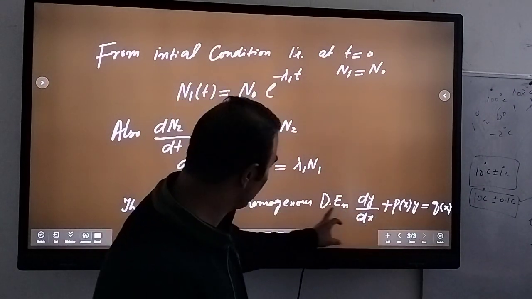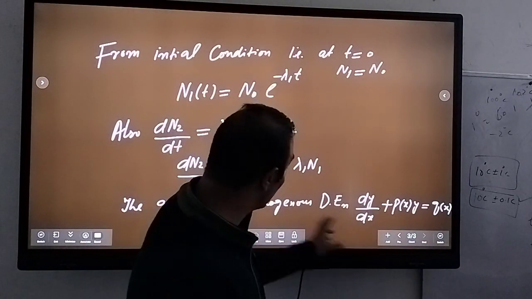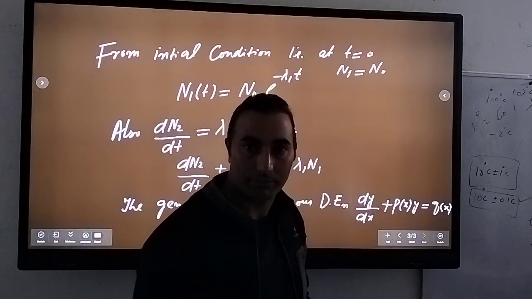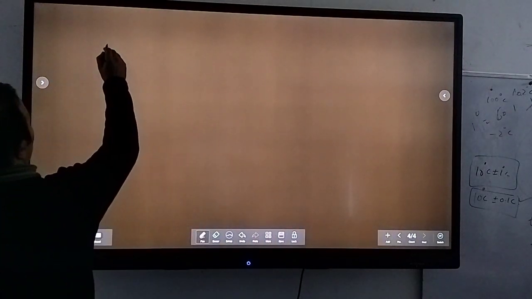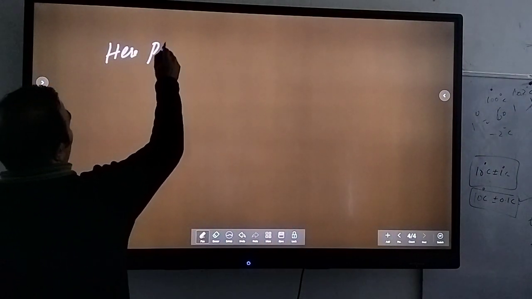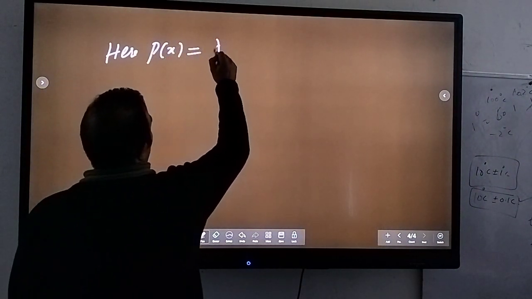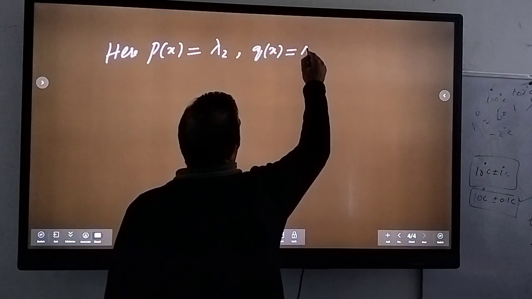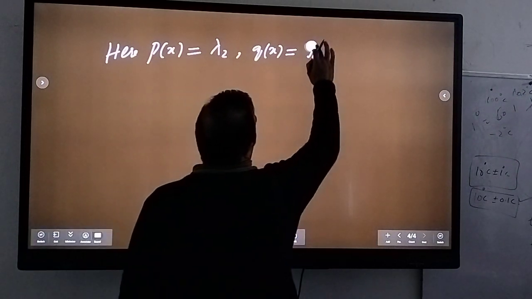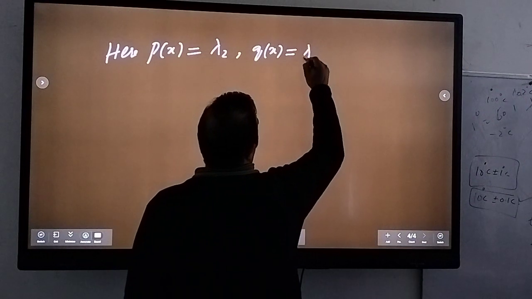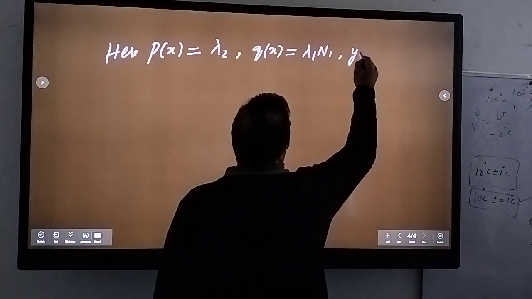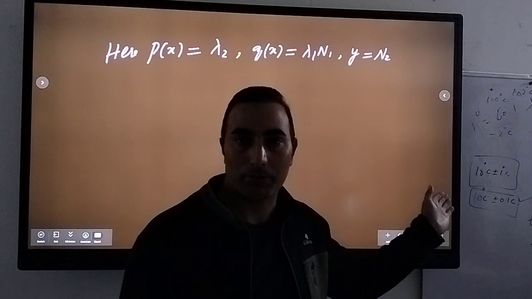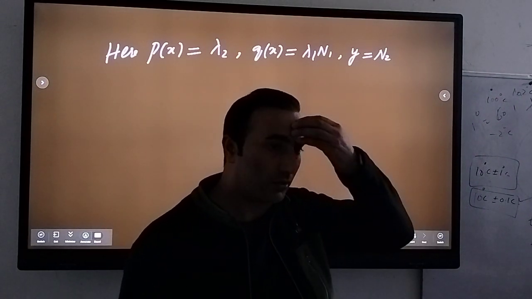If you make a comparison here, because it is in this fashion, our p of x will be equal to lambda 2 and our q of x will be lambda 1 N1. Here y is N2 of t, the concentration of those nuclides at some time t.